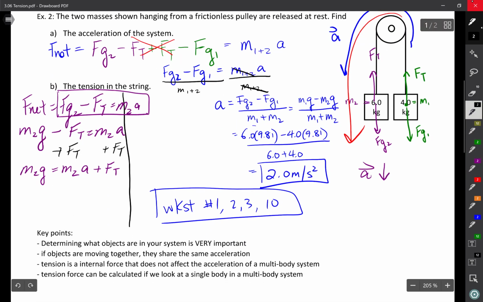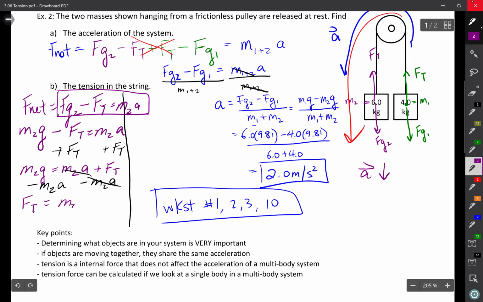And I'm going to move the m2a over to solve for Ft. So minus m2a, minus m2a. And this gives us, and I'm going to rearrange, I'm just going to put Ft on this other side so it looks more linear. So I have Ft is equal to m2g minus m2a.